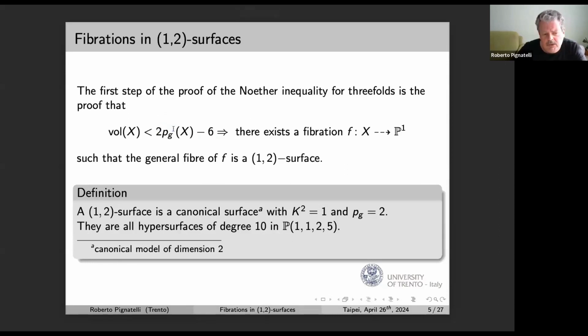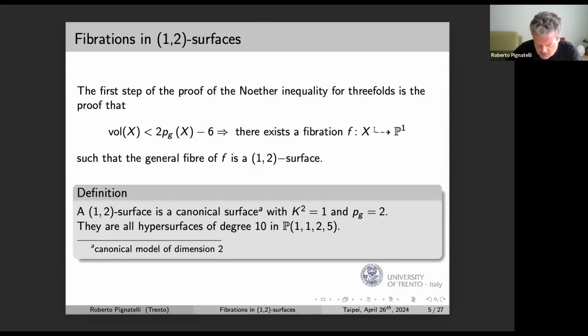If the volume is smaller, so something much bigger, in particular for high pg, then your threefold, so a canonical threefold with volume smaller than that, has a map onto P1 whose general fiber is a 1-2 surface.